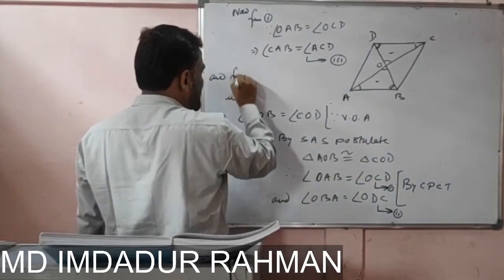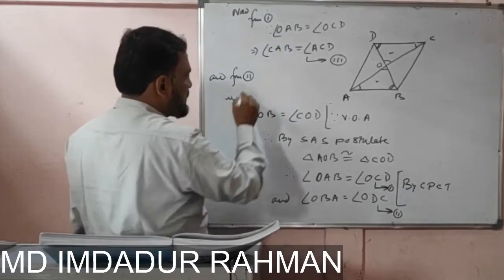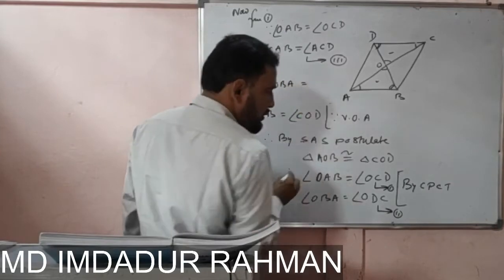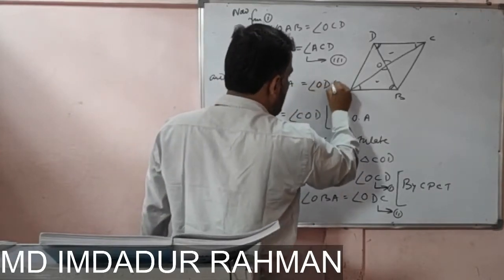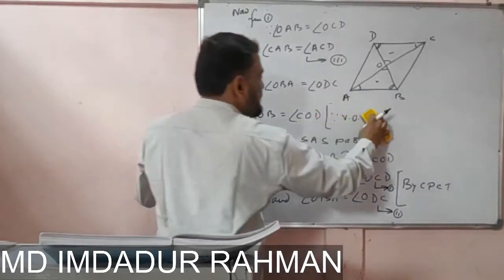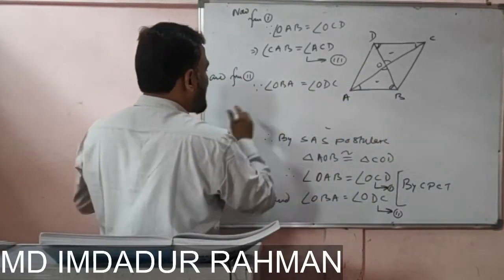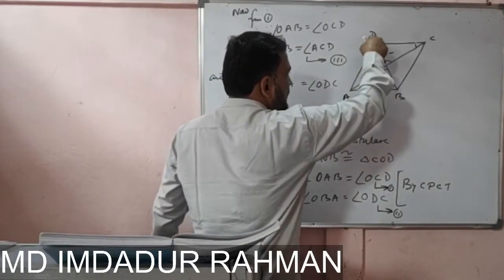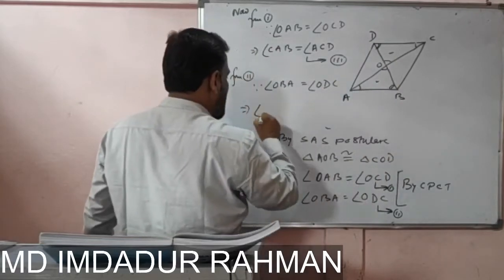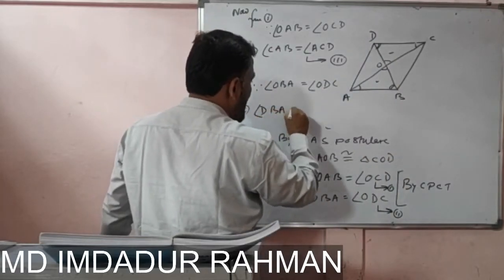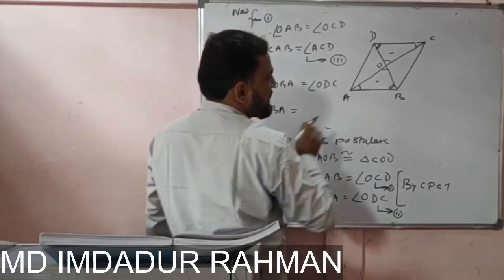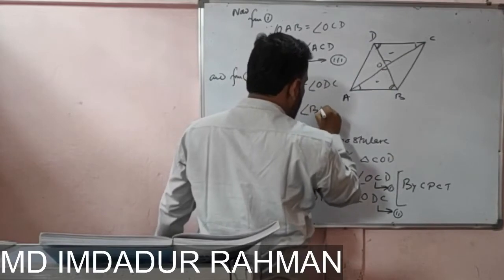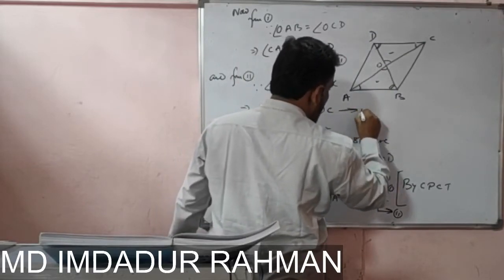And from 2, what are we getting? Since angle OBA is equal to angle ODC, writing the full names, it implies angle DBA is equal to angle BDC. Equation number 4.